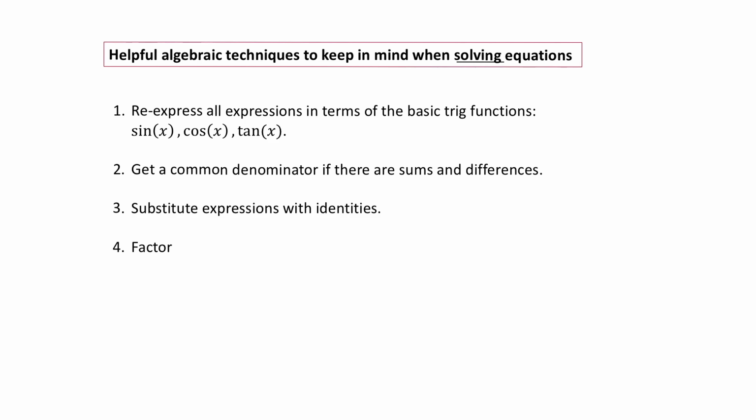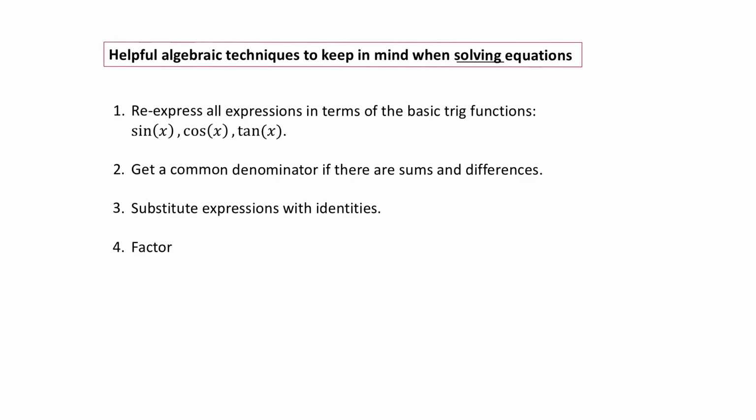Another thing is some helpful tips when solving equations. When solving these types of equations, keep in mind that it may be really useful to change any trig expression into the basic trigonometric functions. For example, if you have cosecant, consider changing that into sine. If you have secant, consider changing that to cosine. And cotangent, change that to tangent.